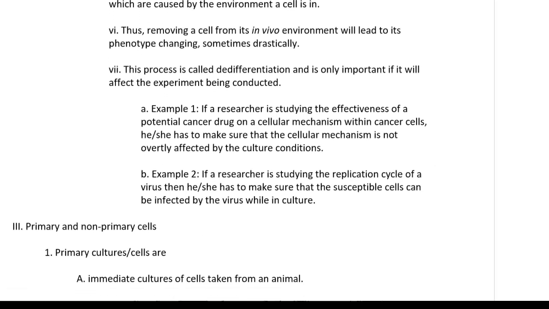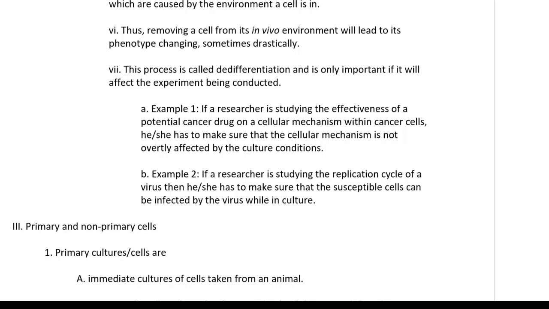Example 1. If a researcher is studying the effectiveness of a potential cancer drug on cellular mechanisms within cancer cells, he/she has to make sure that the cellular mechanism is not overtly affected by the culturing conditions. Example 2. If a researcher is studying the replication cycle of a virus, then he/she has to make sure that the susceptible cells can be infected by the virus while in culture.